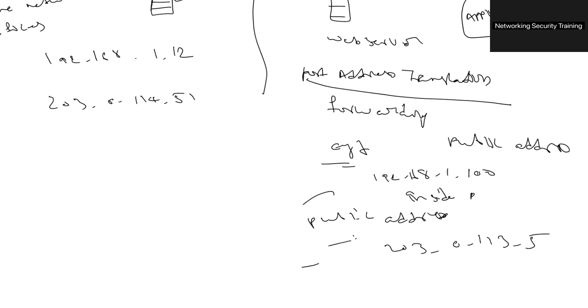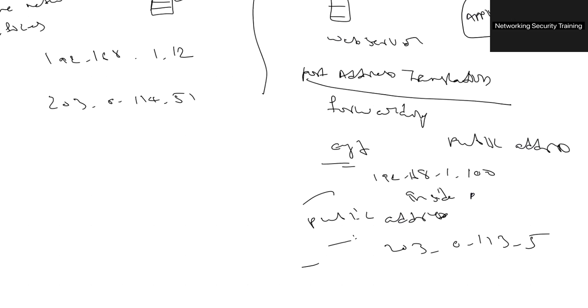So this router uses outside NAT to receive the request for the public IP address and translate it to the internal IP address 192.168.1.100 based on the network address translation table. It then forwards the request to the web server, facilitating access to the internal network service.